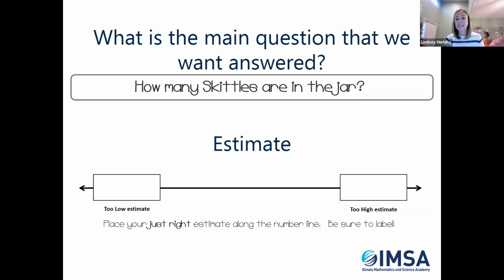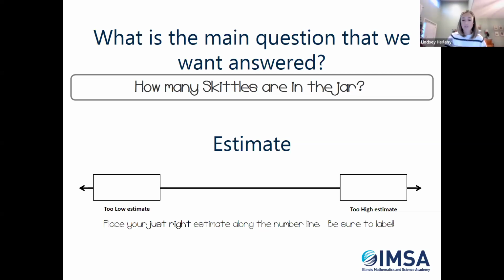There's no way that there is that few Skittles in that jar. And I want to know a number that is too high. There's no way that there's that many Skittles in that jar. And then I need to know a number that is your just right estimate. What would be a number that could make sense as being the number of Skittles in that jar, a just right estimate? Okay, so a too low, a too high, and a just right.